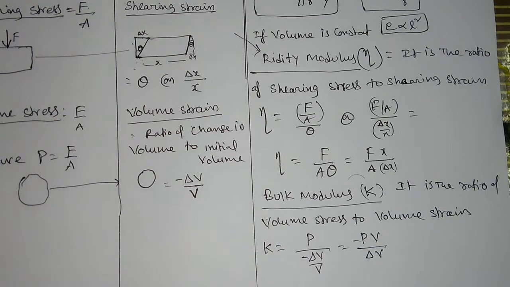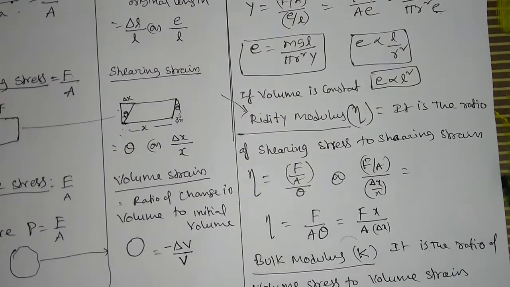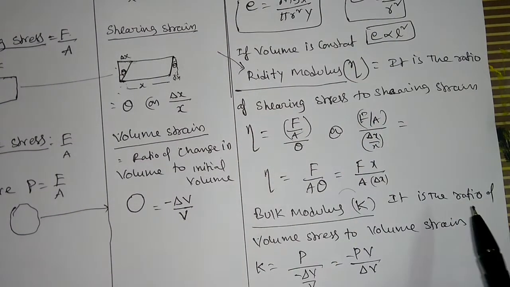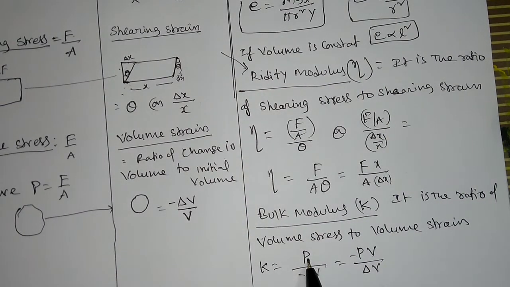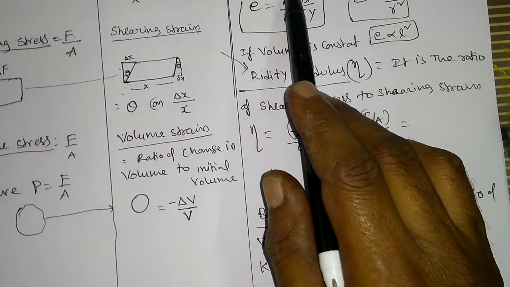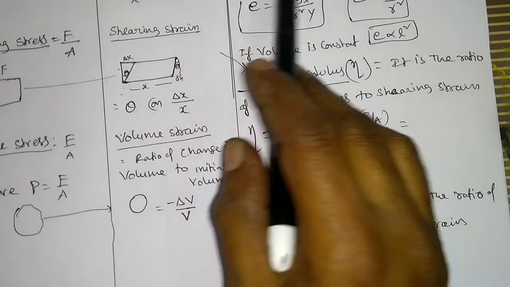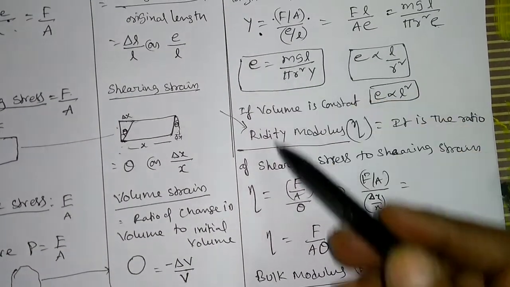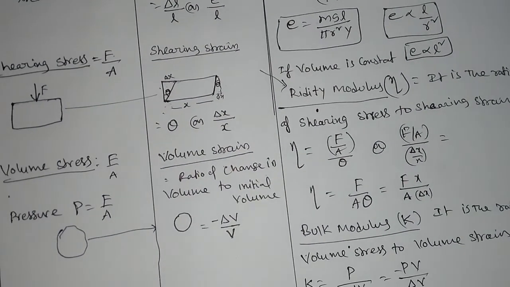If you observe these three, Young's modulus, rigidity modulus and bulk modulus, in all the cases the numerator is force by area, which is also pressure, whereas the denominator is strain, all different types of strain. Strain has no units, so these three have the same units and dimensions.